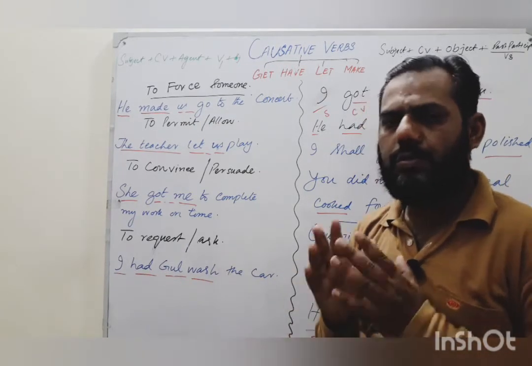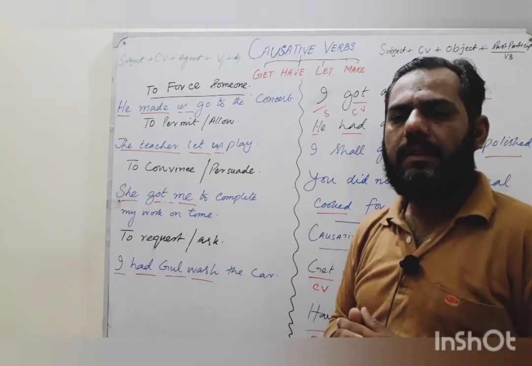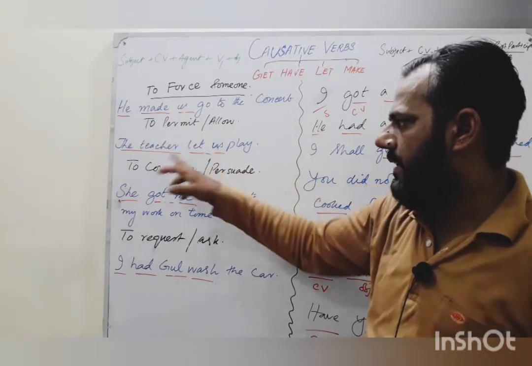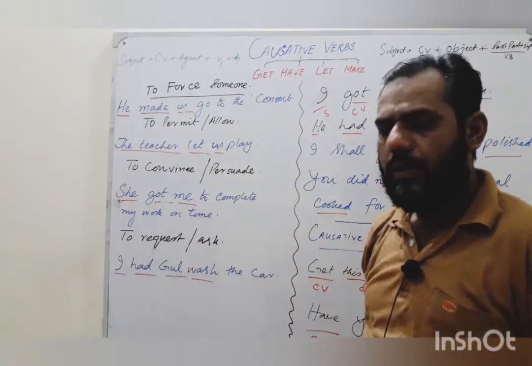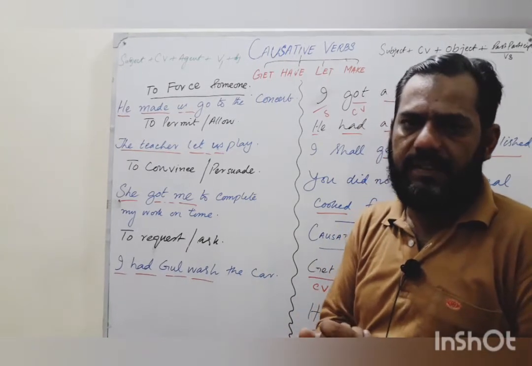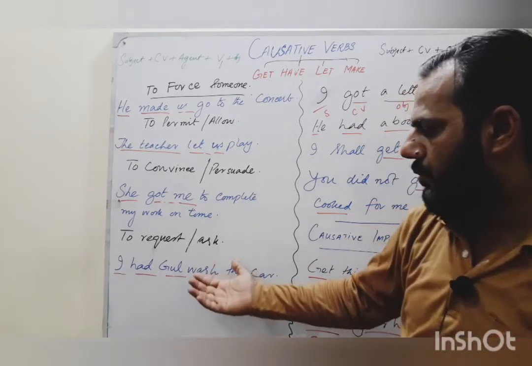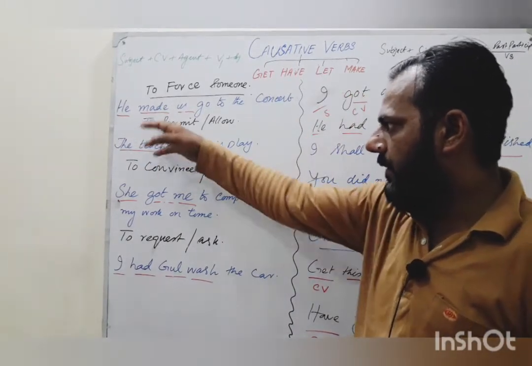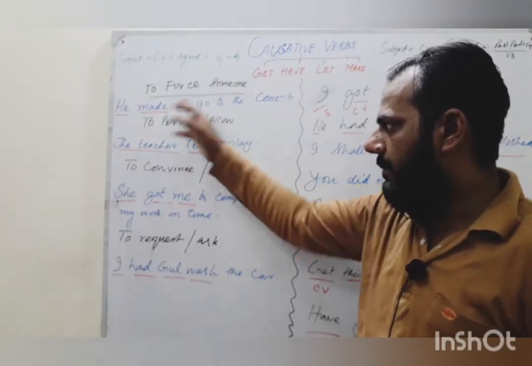When I want to use have or had, it doesn't mean that you are restricted to using make, let, get or have. Every kind of causative verb can be used in every kind of sentence, whenever you want to use it. So you can also say, he is making us go, he will make us go, he had been making us go.